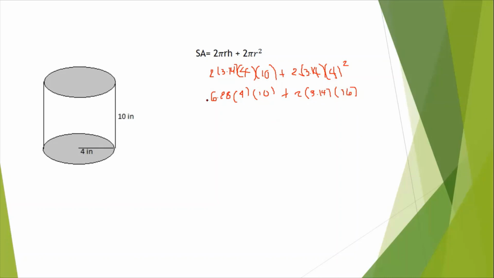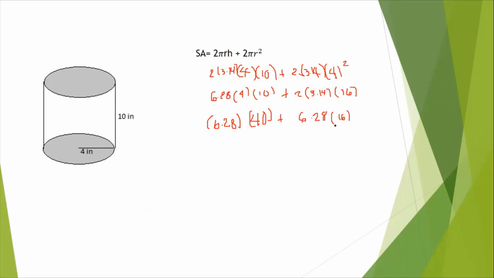So this time, let us now multiply. 4 times 10, it's 40. 40 times 6.28. And on the other side, we have 3.14 times 2, that is 6.28. 6.28 times it by 16.